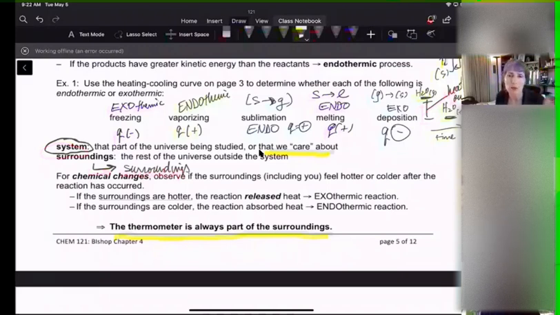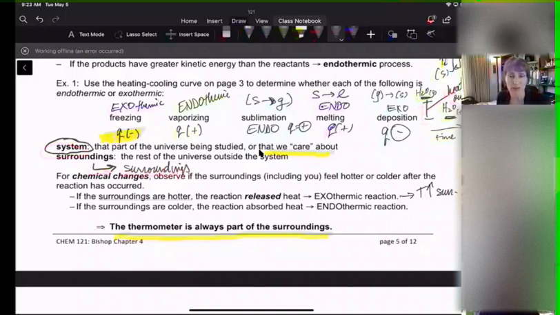So when a reaction or a change is exothermic, the system gives heat out, right? So the system loses heat. What happens to the thermometer? What happens to the temperature? The temperature increases in the surroundings, right? And if this is confusing, you can always think back. Why do we build fires? Why do we have a stove that heats things?